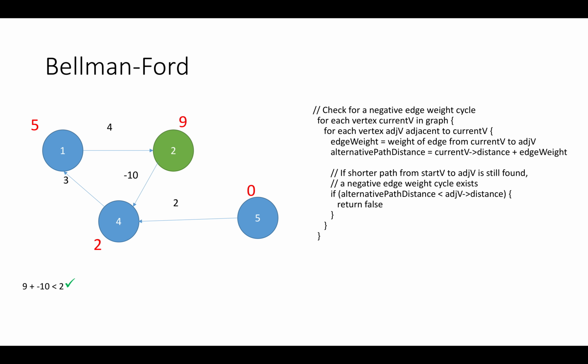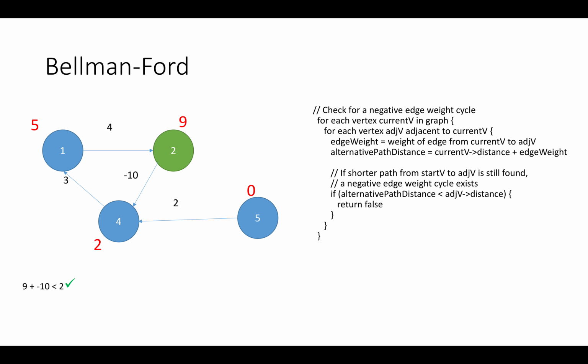But now, when we get to node 2, we take the total cost to get there, which is 9, plus our negative 10, which is going to be less than 2. Because that hits, that is our sign that we have a negative cost cycle, or a negative weight cycle. Therefore, we cannot run our algorithm correctly on this graph.